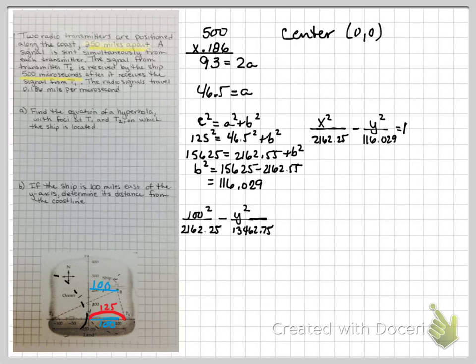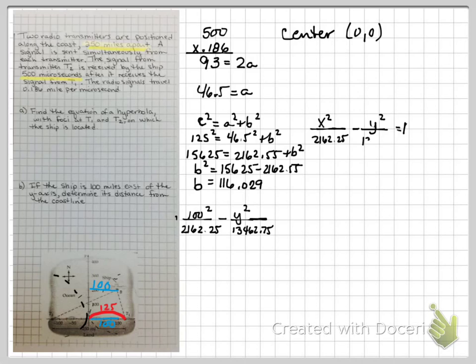Hold on, let me look at this again. What did I do wrong? Oh, back in the other equation, I am sorry. I gave you b here. This is b squared. I looked at it wrong. Sorry about that.